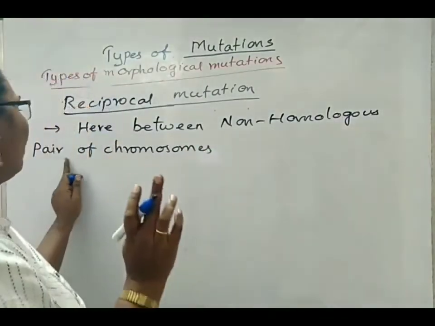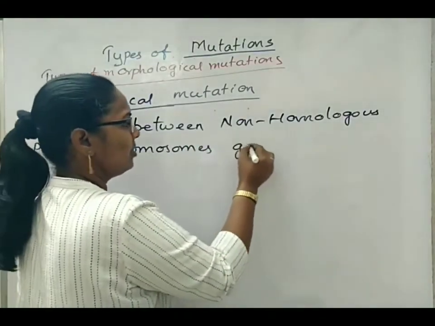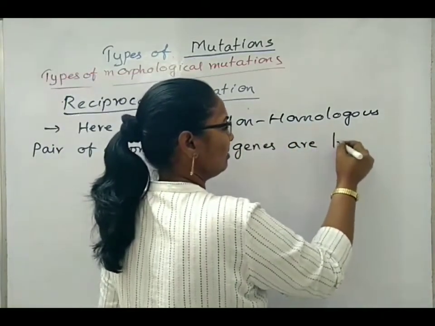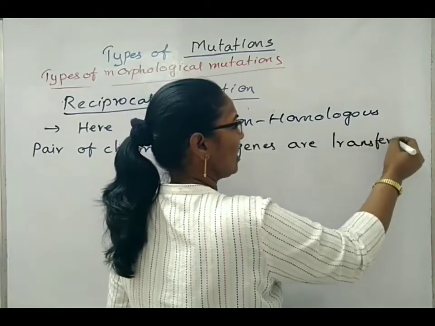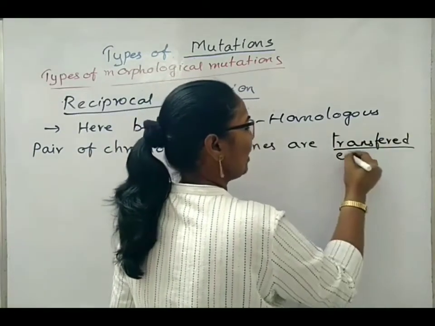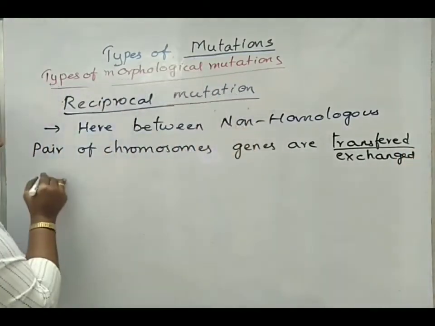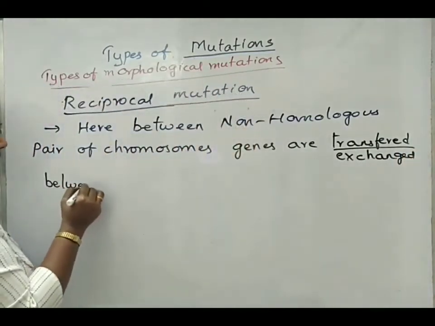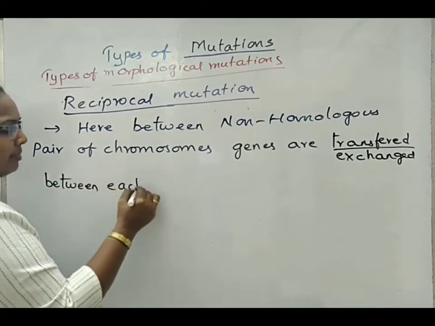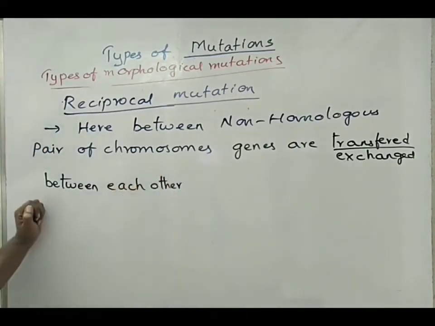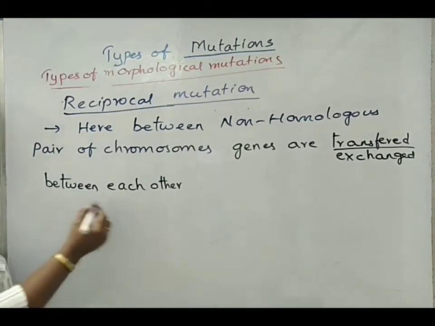So here between a non-homologous pair of chromosomes, genes are transferred in two directions. Transferred, we can also use a term like exchanged between each other. This sentence we can use easily to understand reciprocal type of mutation.